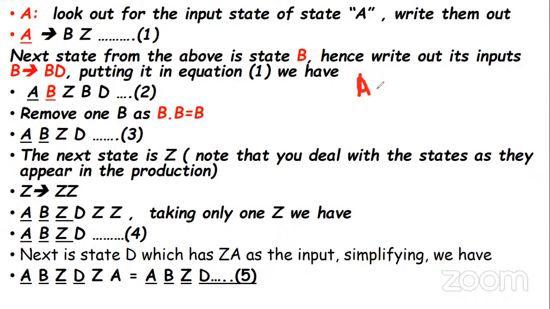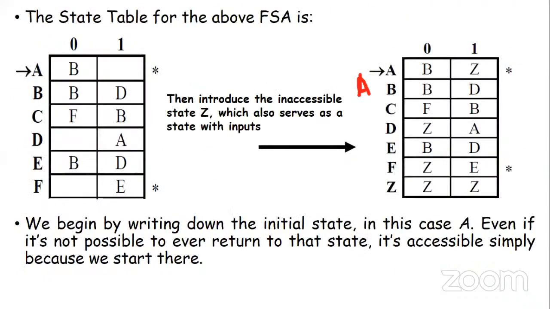Yes, sir. Okay, so when we write out the initial state A, we look at the input combination for A. So let's go back. This is the input combination of A, which is what? B and Z. The combination of B is what?